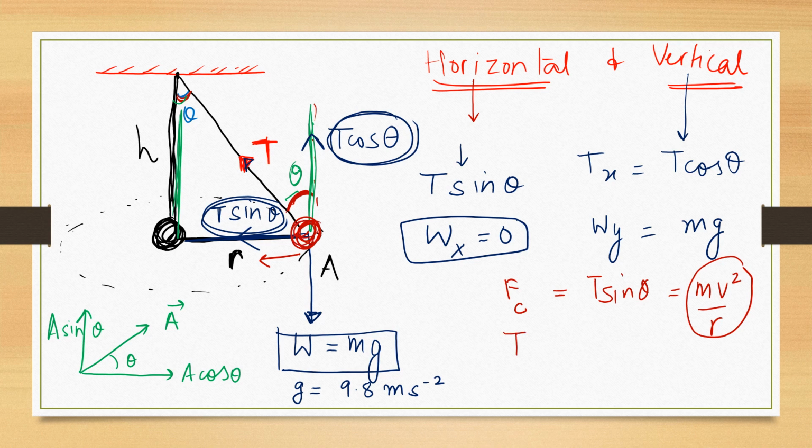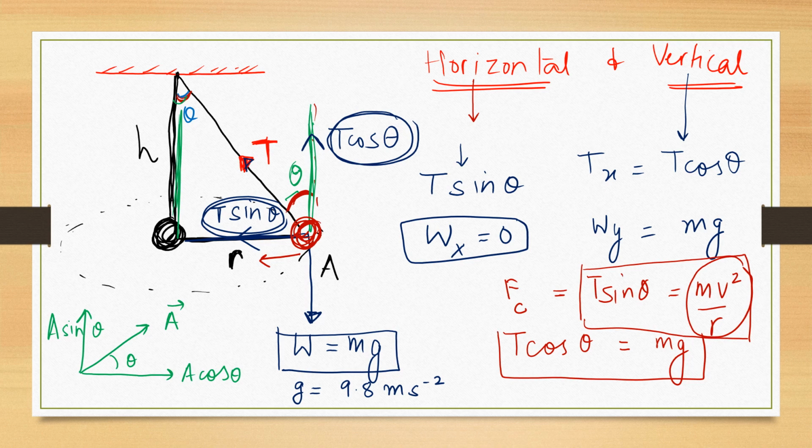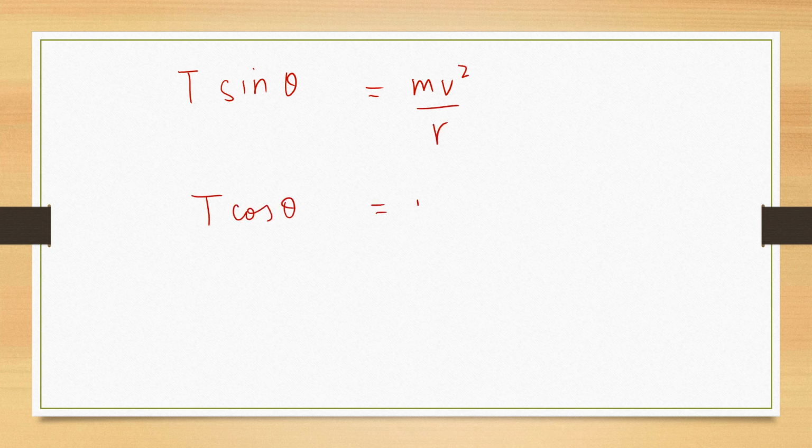That means the net force in the y direction is 0 only if the upward force equals the downward force. So I get two equations: T sin theta equals mv squared by r, and T cos theta equals mg.